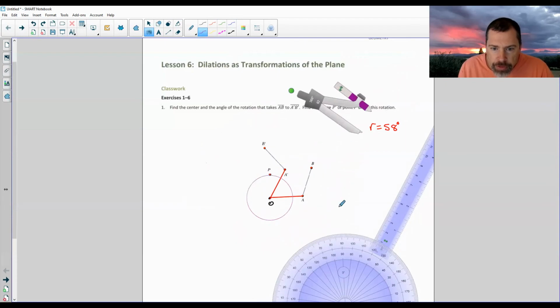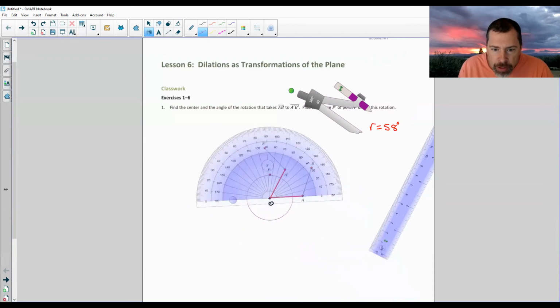So there is my circle, radius OP. And now I need to find the angle of measure from OP over here somewhere, a distance of 58 degrees, if you will, an angle of 58 degrees.